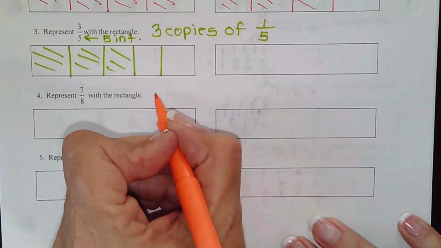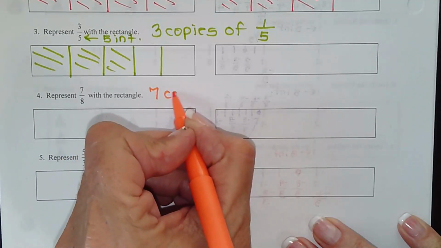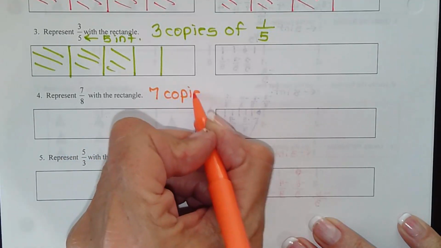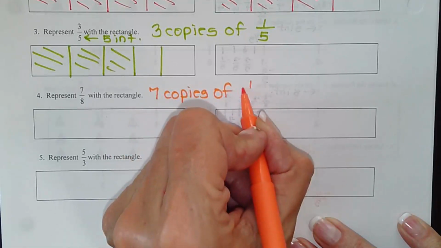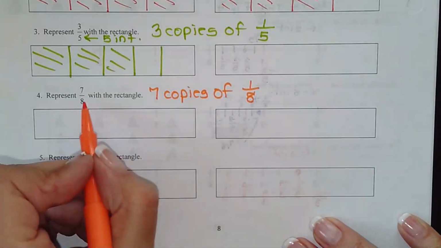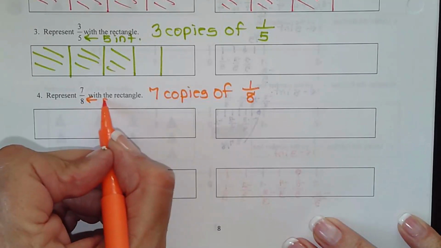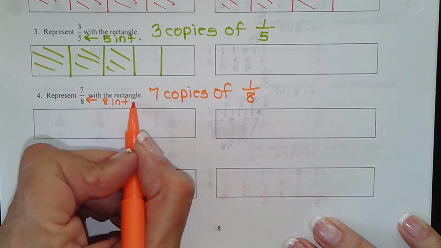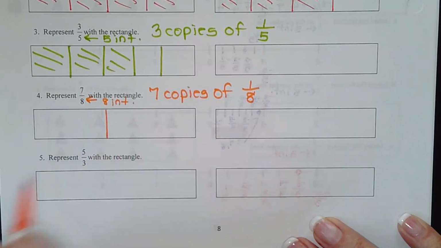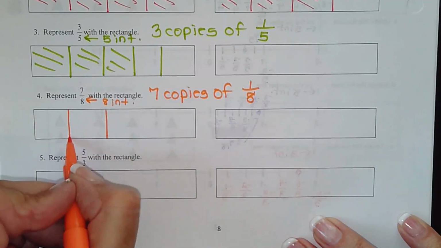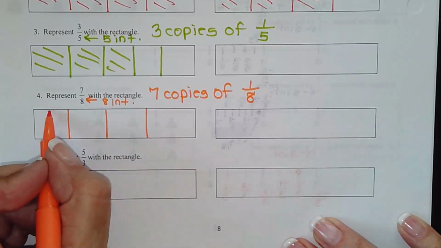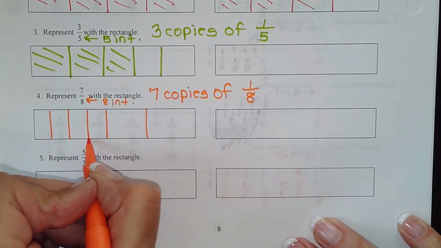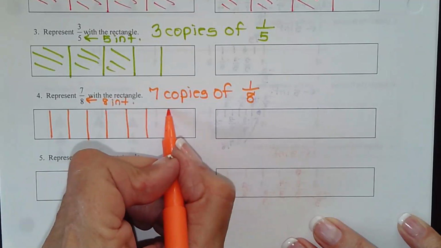Okay, number 4 is 7 copies of 1/8. So that means I need to break this into 8 intervals. So cut in half, cut in half again, cut each half in half, and cut each fourth in half. So we can see a 1/8 is half of a 4th.